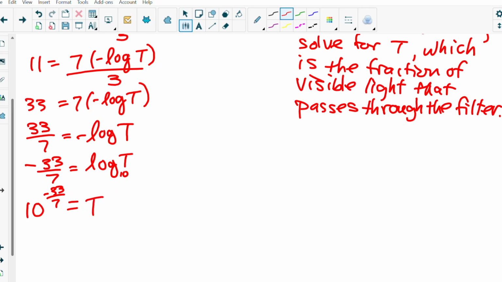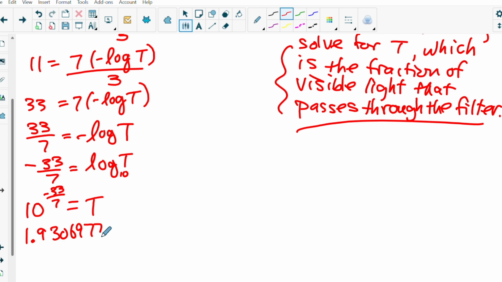We can solve directly for T. T is the fraction of visible light that passes through the filter. Let me evaluate this in scientific notation: 1.930697729 times 10 to the negative fifth equals T.